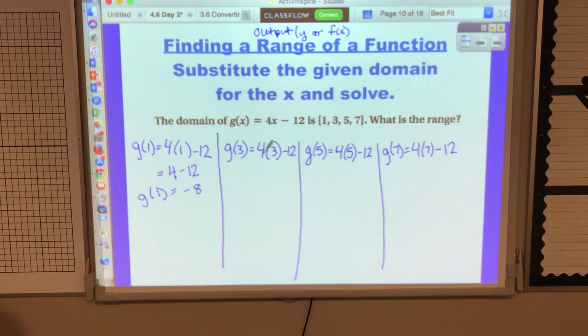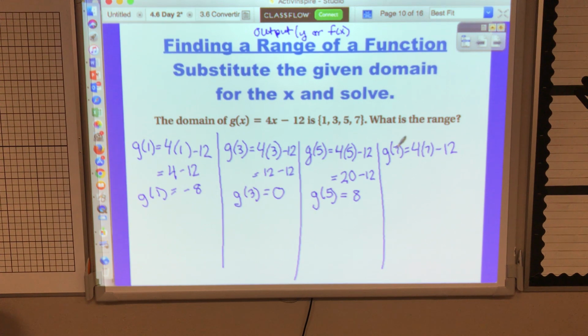G of 3 means I have 4 times 3 minus 12. 4 times 3 is 12. 12 minus 12 gives me g of 3 is 0. So the function g when x is 3 is 0 is what that's telling us. G of 5, so I have 4 times 5 minus 12. 4 times 5 is 20. 20 minus 12 tells me the function g when x is 5 is 8.